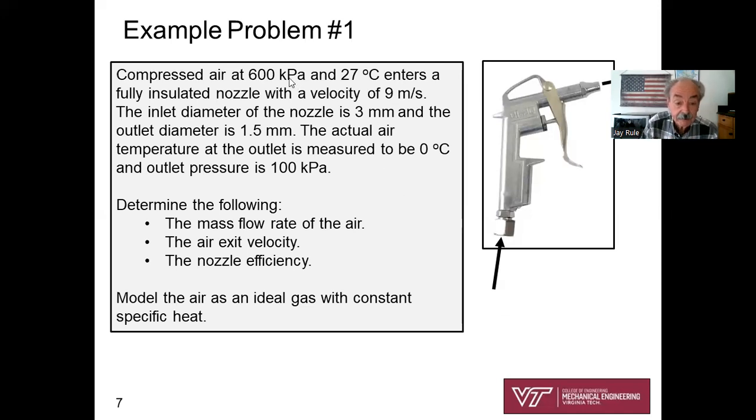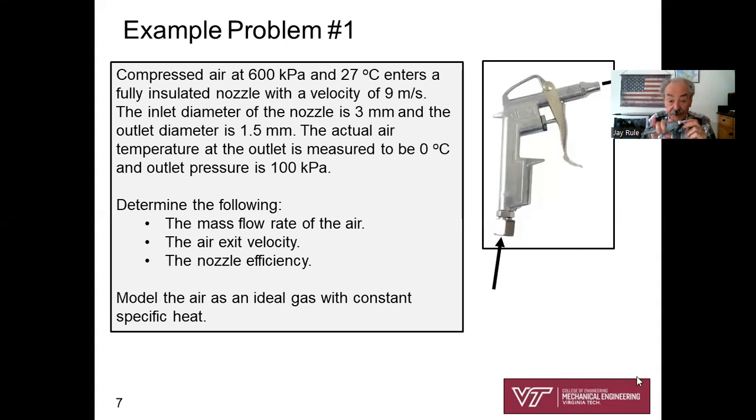Compressed air at 600 kPa and 27 degrees C enters a fully insulated nozzle. 600 kPa, so that's 6 atmospheres, and 27 degrees C is entering the nozzle with a velocity of 9 meters per second.